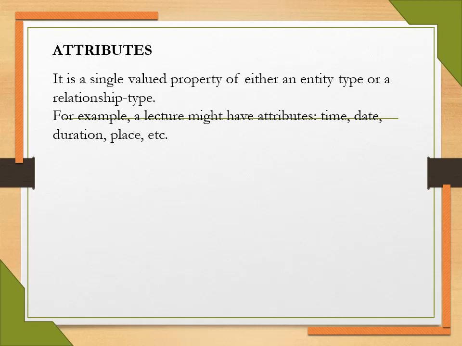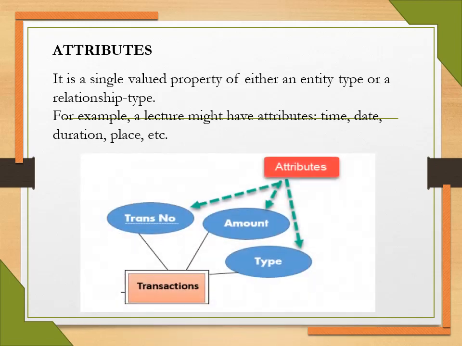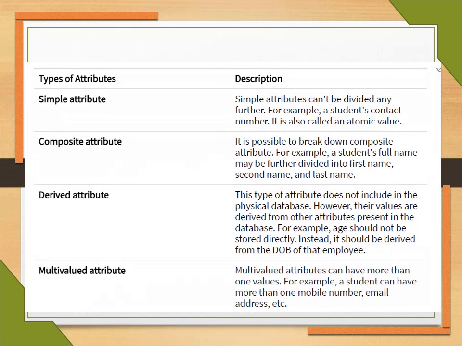For example, a lecturer might have attributes time, date, duration, place, etc. So, in the diagram, we have different attributes: type, amount, transaction. Now, there are different kinds of attributes: simple attribute, composite attribute, derived attribute, or multi-valued attribute.